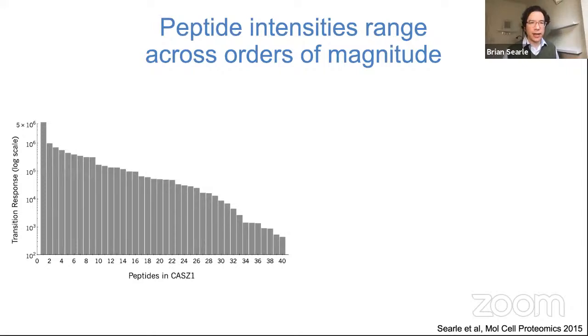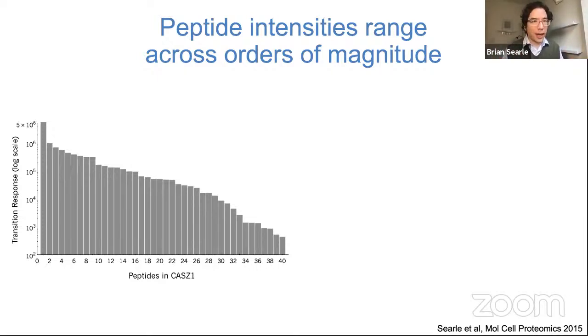Let me give you an example. Here is a protein that is a transcription factor called Cas-Z1. These are the transition responses, and again, this is on the log scale. This is the actual signal from the first peptide, the most abundant or most highly signaled peptide, down to the lowest peptide. This has to do with response in the mass spectrometer.